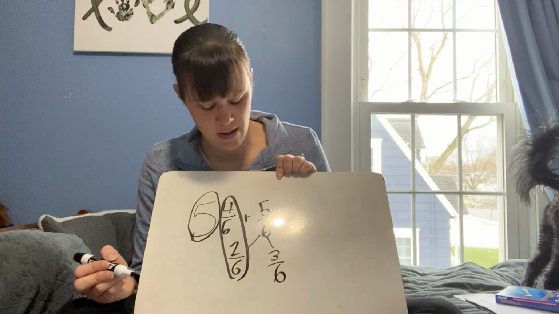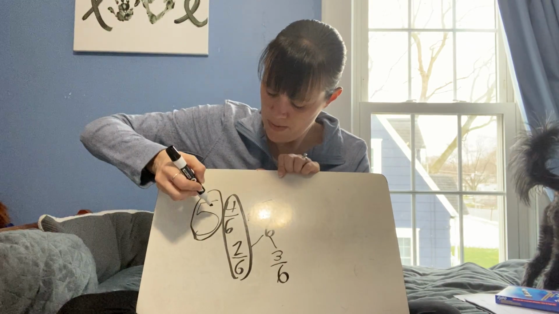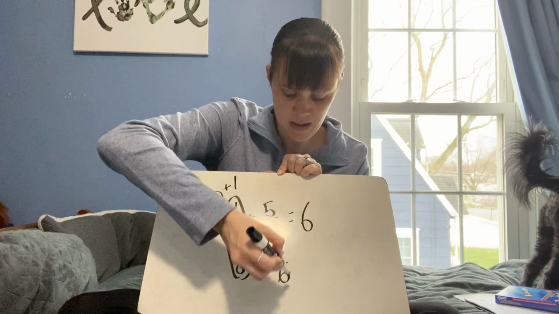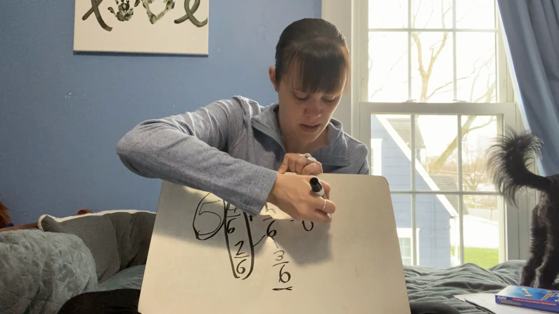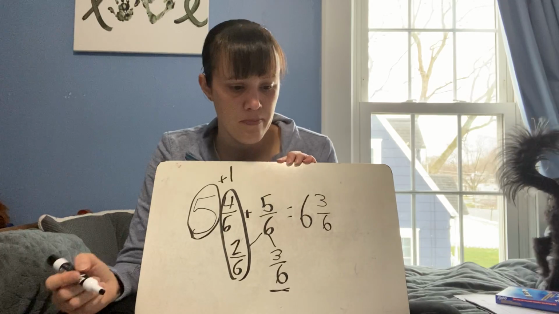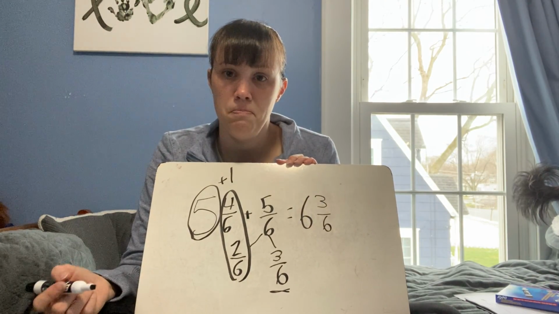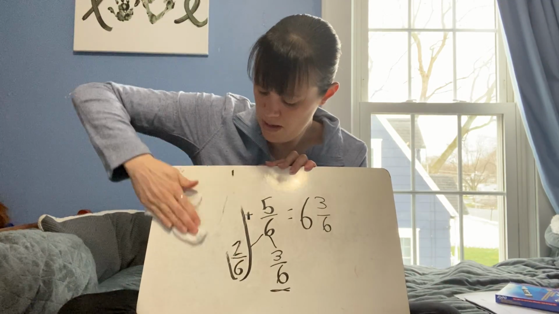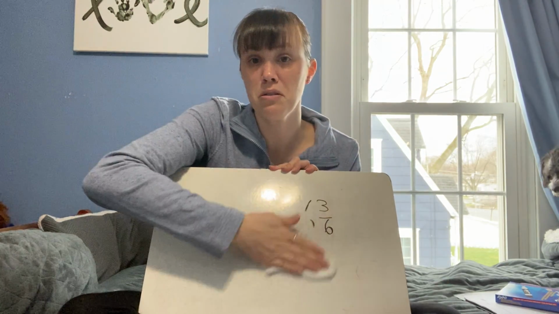Correct? Yes. So 5 plus, this is 1 whole, gives me 6 3/6. Seem good? Gets better as we go. Hopefully I'm not making any mistakes, because you can't really actually correct me right now.